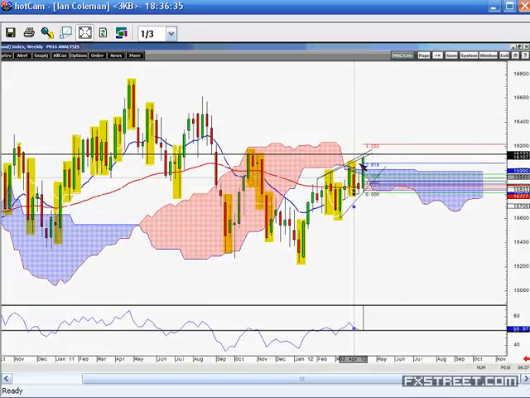Okay, so cable, long-term bear in a 3-wave correction, but just be careful on this trend line. And also, just notice what we've got here, which is very relevant for price action. We've got previous highs, and they were dominating highs.